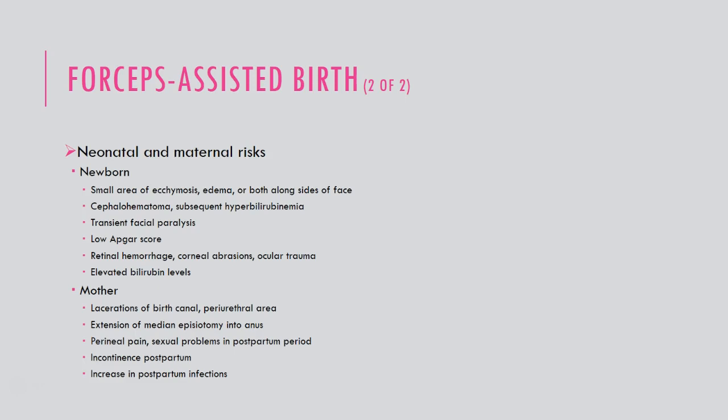Bilirubin is a byproduct of red blood cell breakdown. So if the patient has a cephalohematoma and the body is working to break down all those red blood cells in that spot, there's going to be all this bilirubin released into the bloodstream, and it's going to cause the baby to have hyperbilirubinemia.